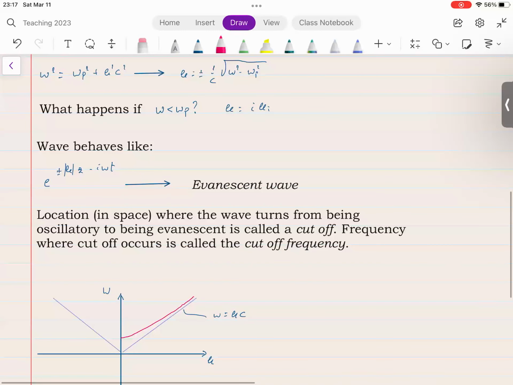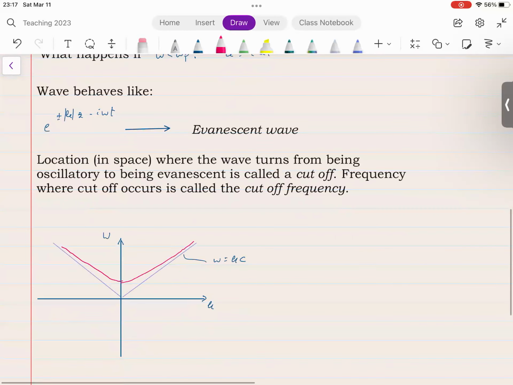And for negative signs, since I only have square quantities, I see the same mirror image of the same behavior, where what I have here is the point omega equal to omega plasma.